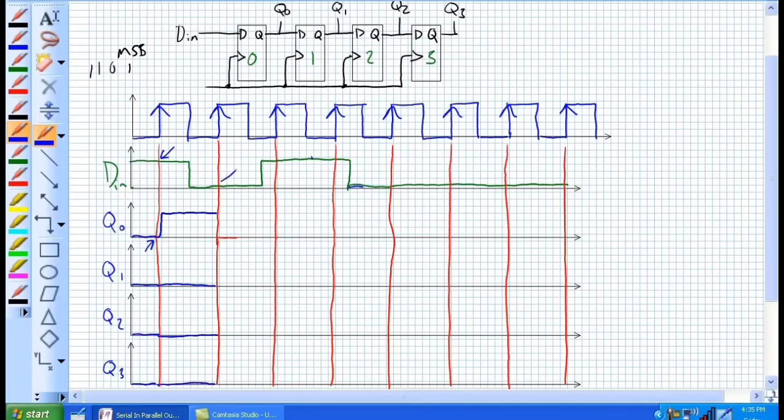Second clock pulse. Q0 reading D in. It's reading a 0. Counting for the delay. Goes like that. Q1, it's reading Q0 right there. Counting for the delay. Goes up to 1. Again, see how that block is just shifted over there, hence the name shift register.